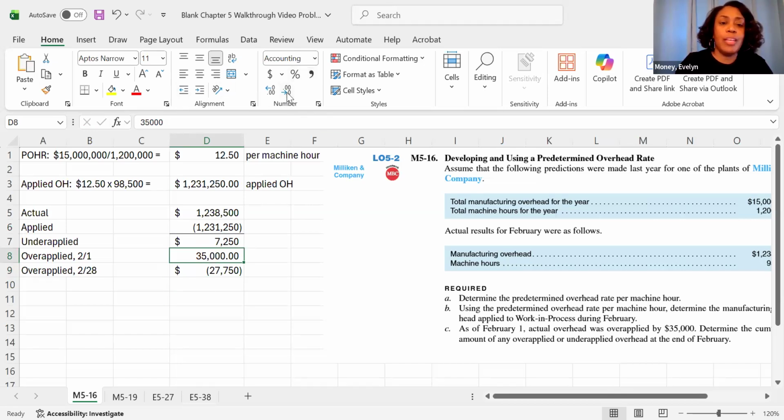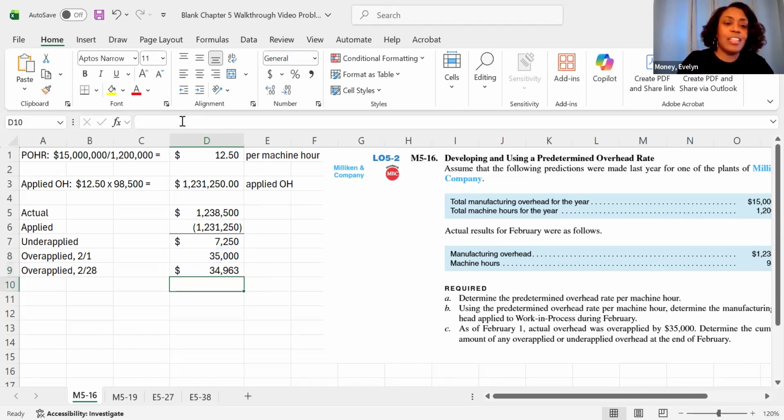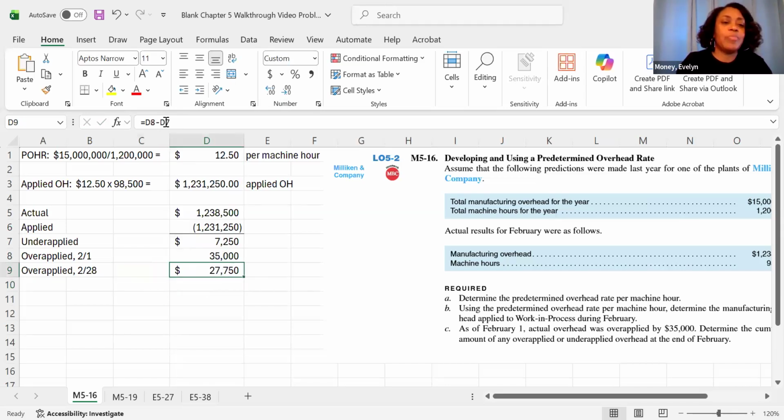Let's get rid of those pennies. Oh, I subtracted backwards because I don't want this to show up as negative. Let's do D8 minus D7. There we go.